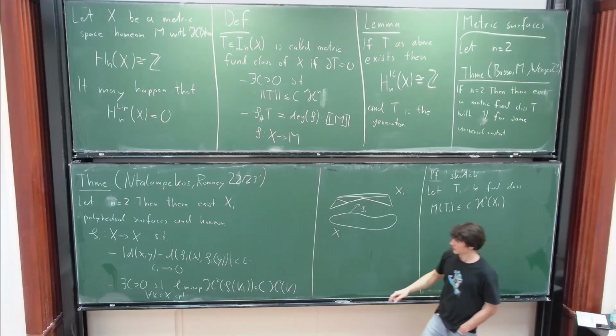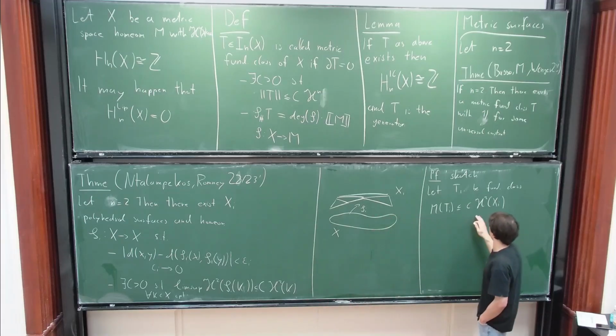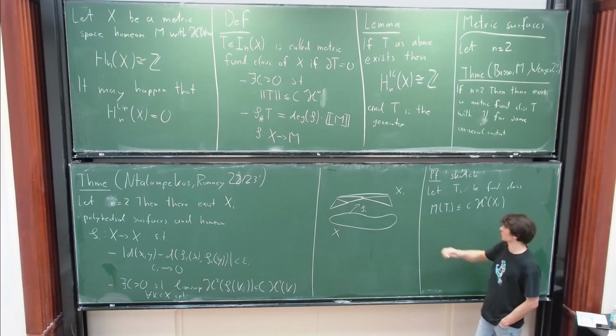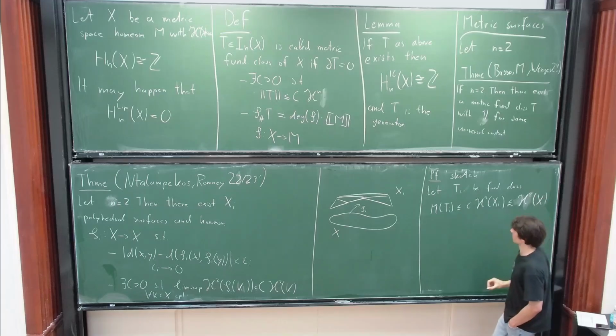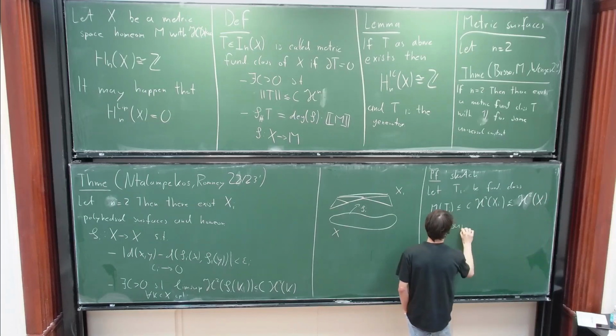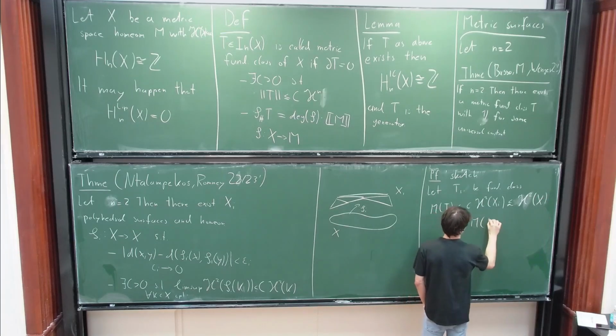And then by this inequality, we also know that the area of each of these polyhedral surfaces is bounded by the area of the metric surface. So in particular, we have a uniform bound for the mass of this sequence.